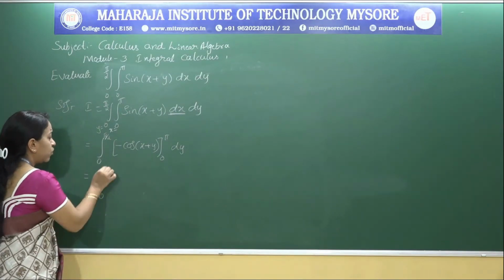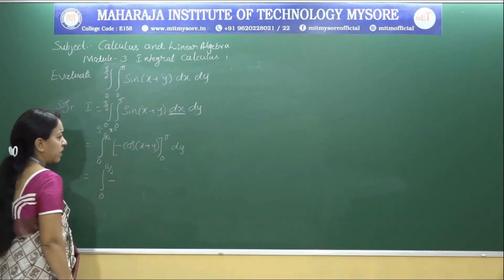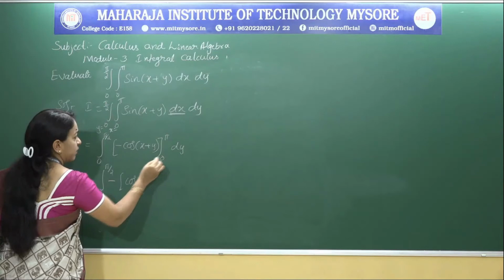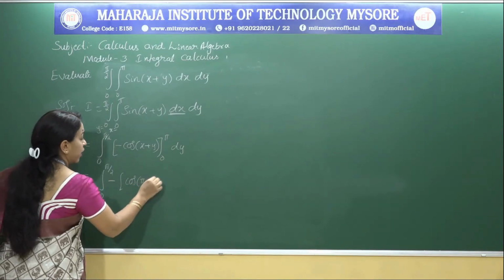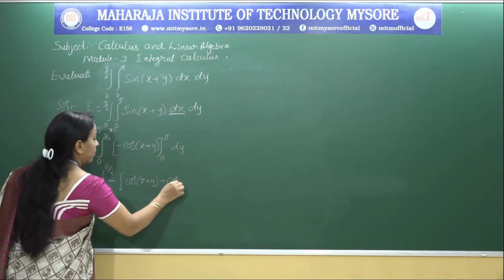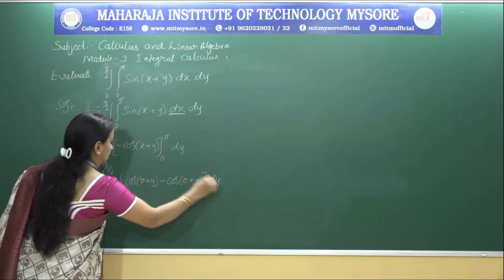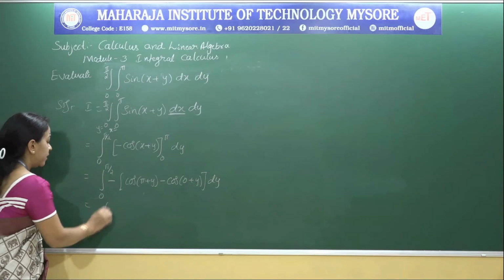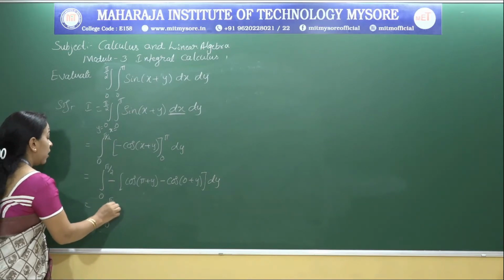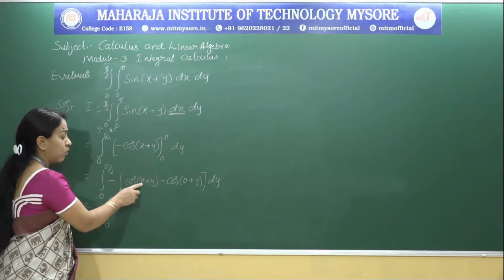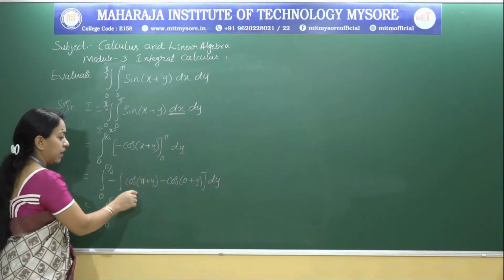So, the integral from 0 to pi by 2, apply the limit: minus common, cos of, you replace for x, right, pi plus y, and the lower limit cos of 0 plus y, dy. We know the standard allied angle formulas, that is cos of 180 minus theta or 180 plus theta. 180 is nothing but pi.